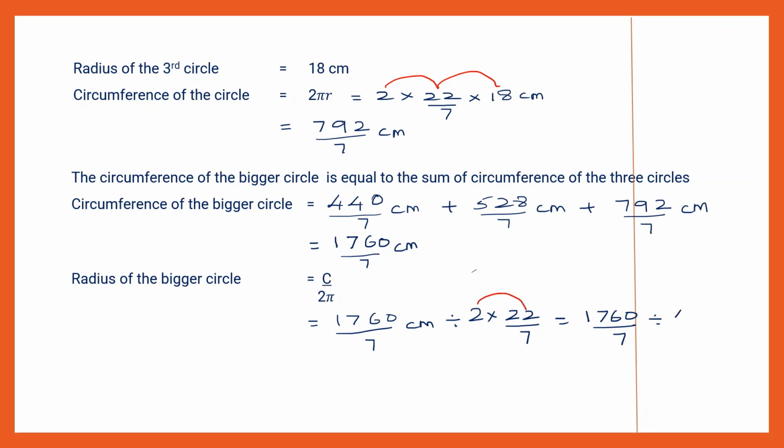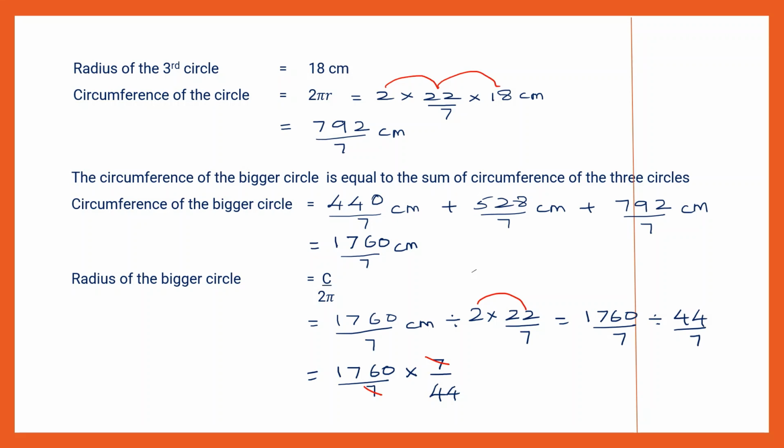So that is 44 by 7. So that is equal to 1760 by 7. Division changes to multiplication. 44 by 7 becomes 7 by 44. Now we can cancel. I can cancel 7 and 7. I can cancel 1760 also and 44 both by a common factor.